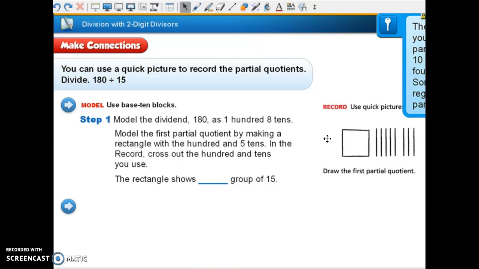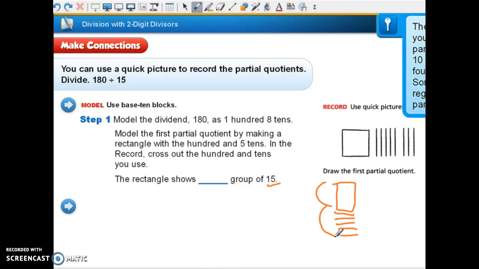No, you're going to draw your rectangle there by step. So you're going to draw the rectangle, and we're dividing by 15, so how many 10 sticks are we going to put under here? We're dividing by 15. 5, because I have 10 here, and I need 5 here, so that's 15.